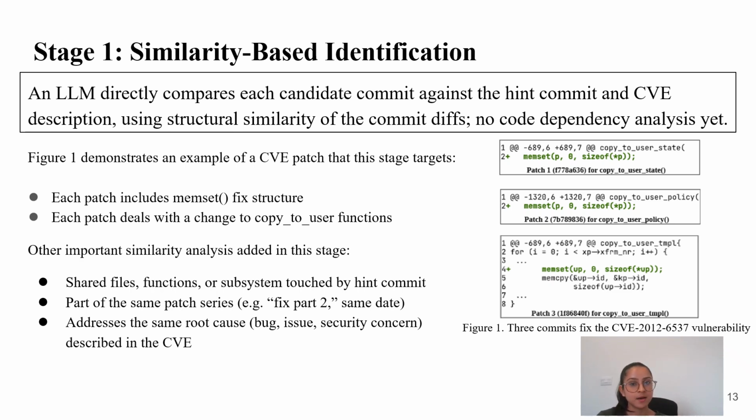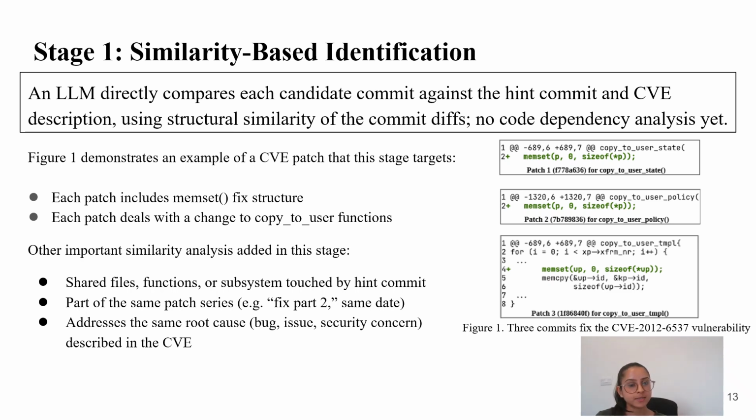And an example of a case that is the most useful for this stage is figure 1, where it is an example of a CVE patch that has the same type of memset fix structure, and each patch also deals with a change to copy to user functions. So there is a very distinct pattern amongst all 3 of those patches that is easy to identify and group together, making them fit into this category of easy patches.